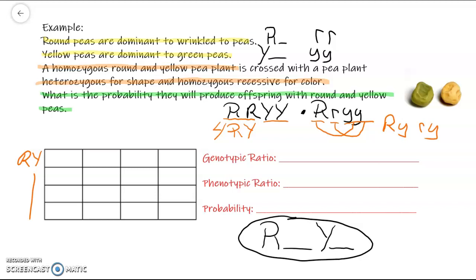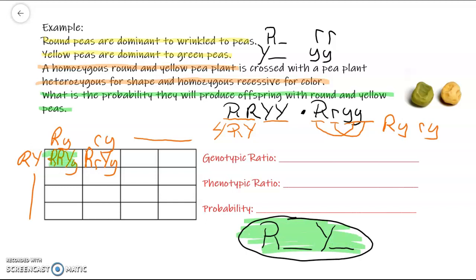So if I go and put them now for that parent over here, and I fill in my Punnett squares. These are all going to be repetitive, so I really only have 2 boxes to fill out. I have big R, big Y, little y, with big R, big Y, little y. Again, what we are looking for is this. Are those children fitting this description of being round and yellow?